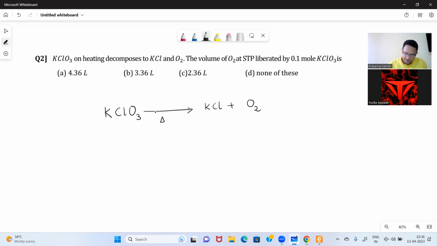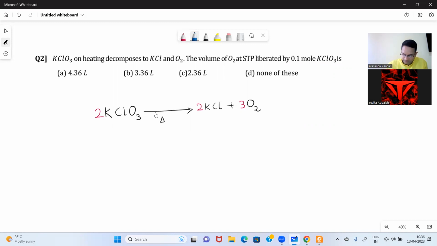Here there are two oxygen atoms, whereas in the reactant, three oxygen atoms are there, right? Yes, sir. So what do I do? Is it balanced now? Yes, Yuvika. Six oxygen atoms, two potassium and two chlorine. Clear, Yuvika? Yes.